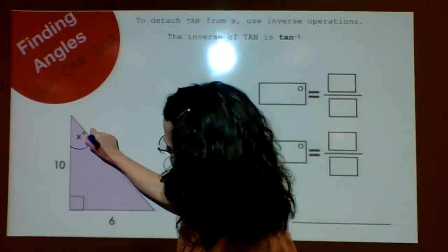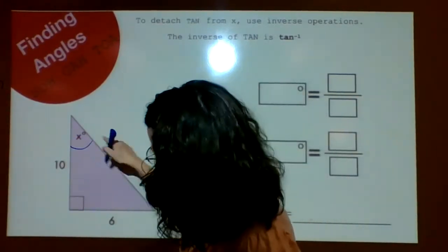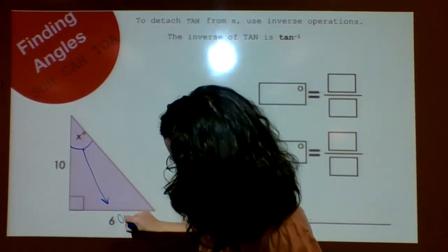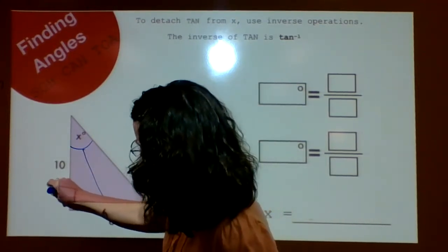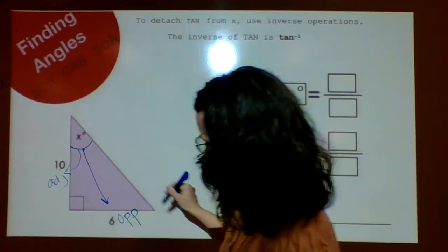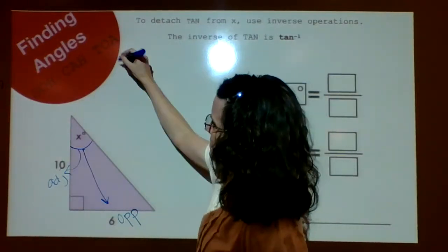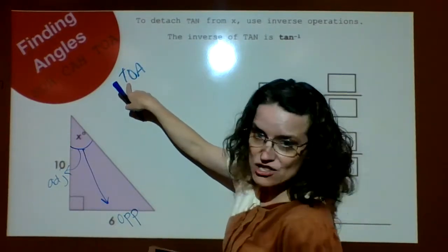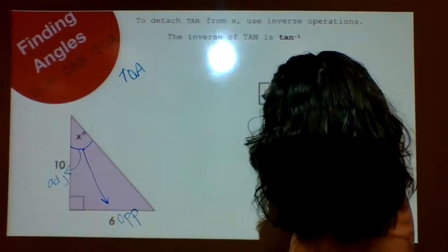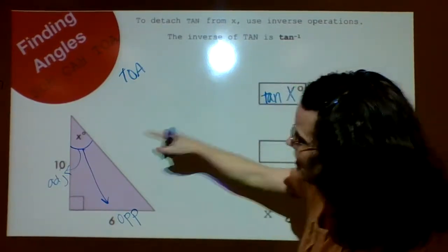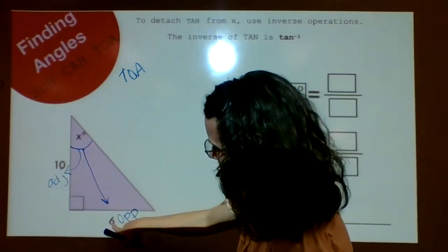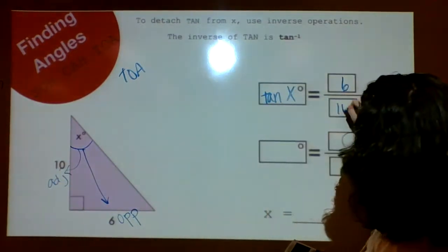And so you go, okay, mystery angle. I don't have the hypotenuse. I have the opposite side and the adjacent side. So opposite and adjacent tells me to use the tangent with the opposite and adjacent. So my tangent of my mystery angle is going to be the opposite over the adjacent.